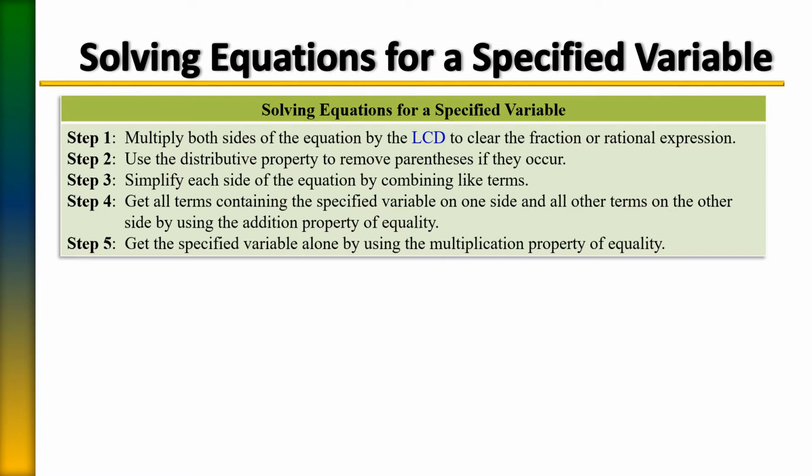Get all terms containing the specified variable on one side and the other terms on the other side by using the addition property of equality. Lastly, get the specified variable alone by using the multiplication property of equality.